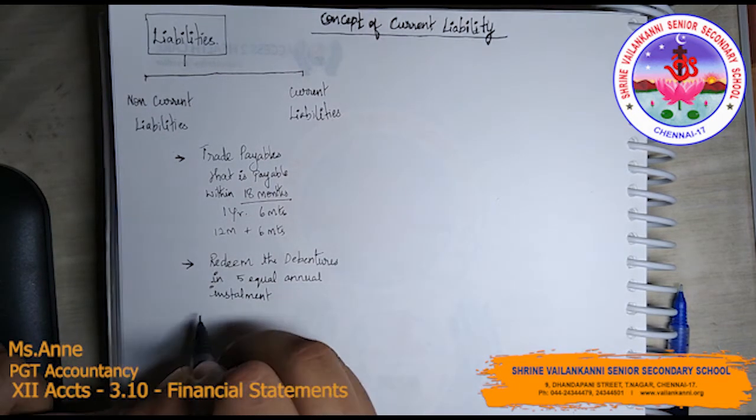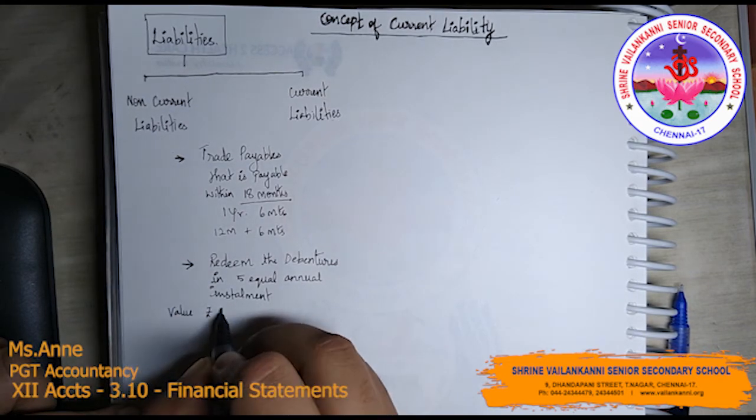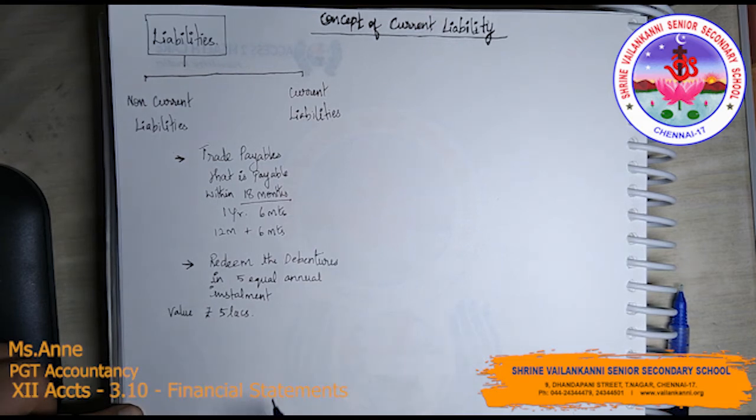Suppose the debentures value is rupees 5 lakhs. Now you need to redeem the debenture in 5 equal installments.